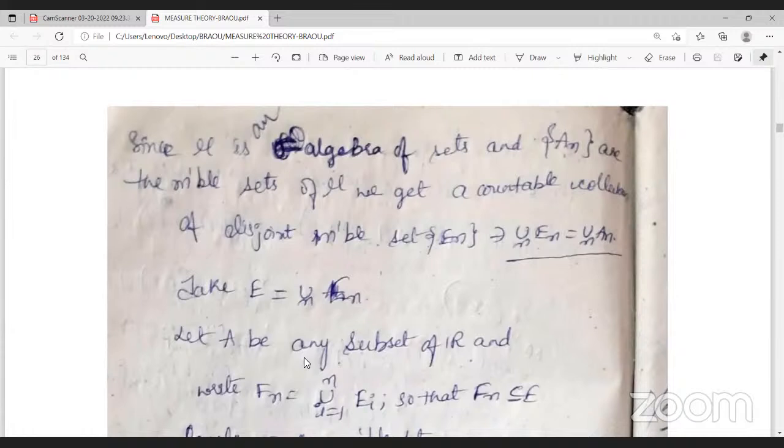Observe here, we can consider any set; particularly, consider this set only. A intersection En equals En. And what is En bar?